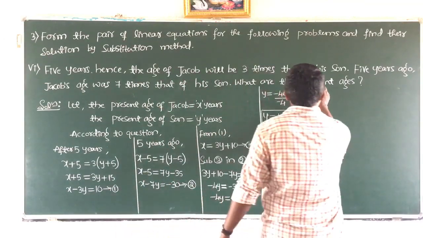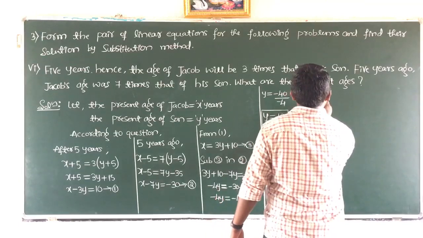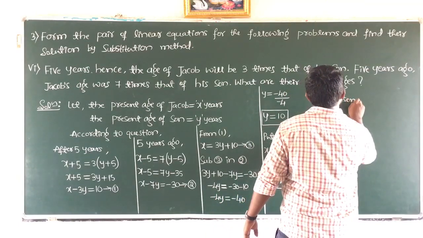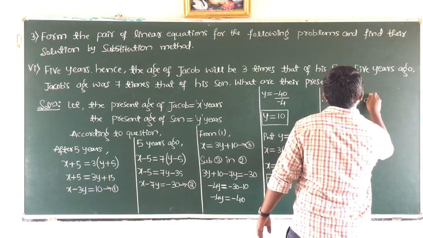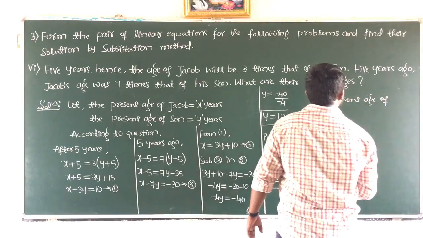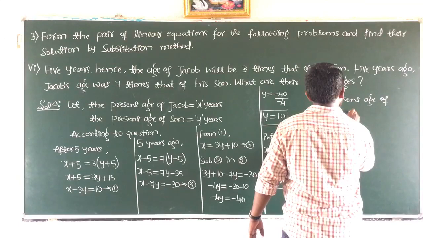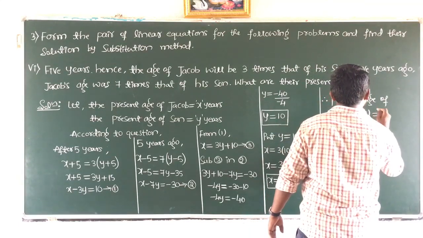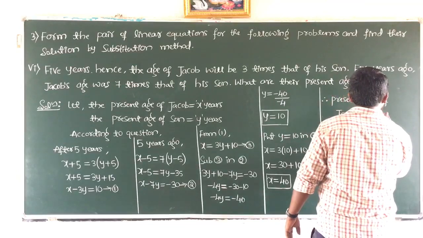So at the end we have to write, therefore present age of Jacob, that is x, which is equals to 40 years.